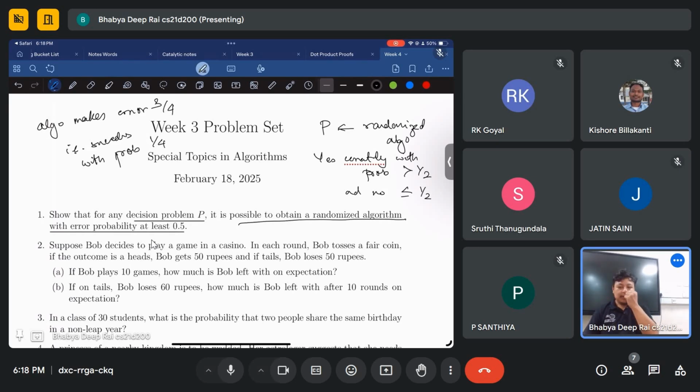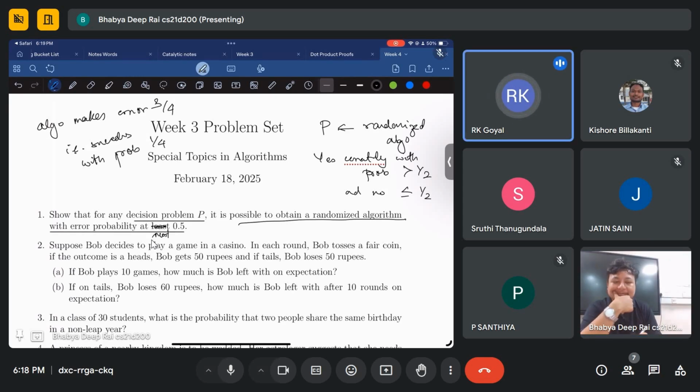So what I'm saying is, given a problem, I can always make a randomized algorithm where the error is at most half. Yeah, so I flip a coin. If it is heads, then the answer to the decision problem is yes, and if it is tails, then the answer is no.